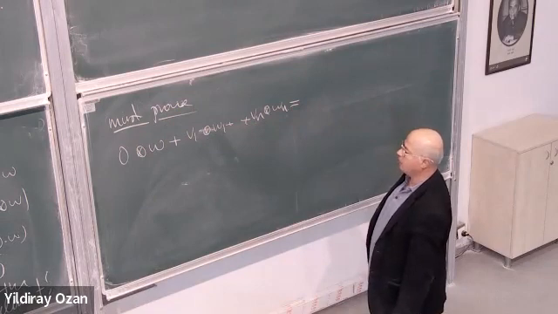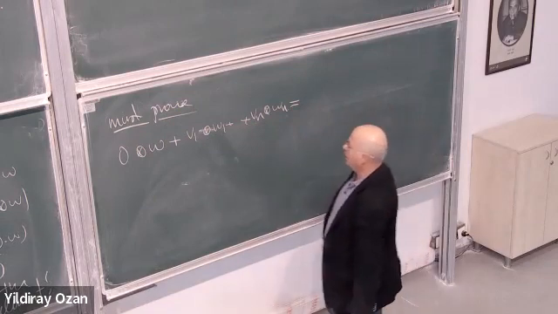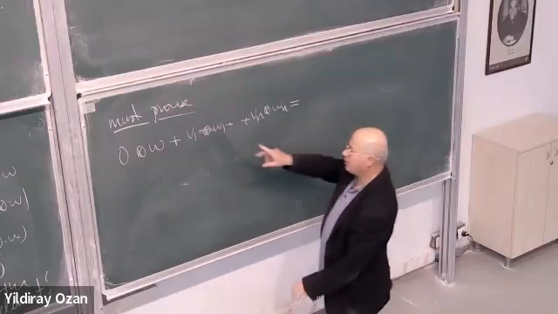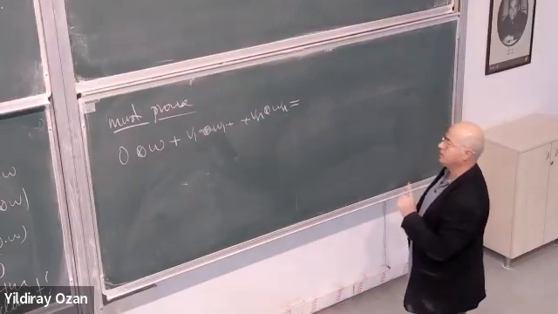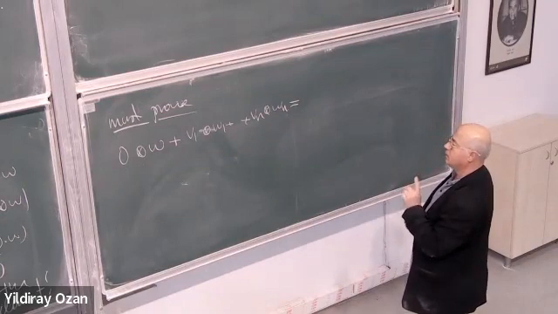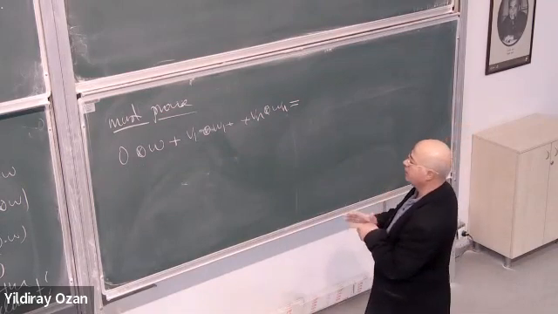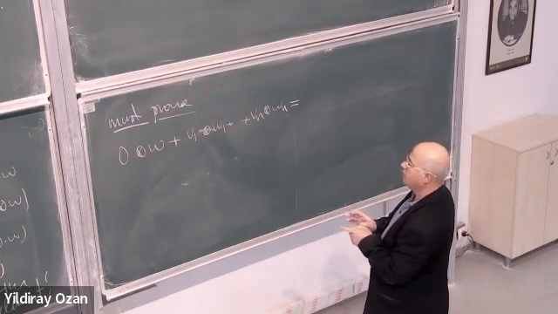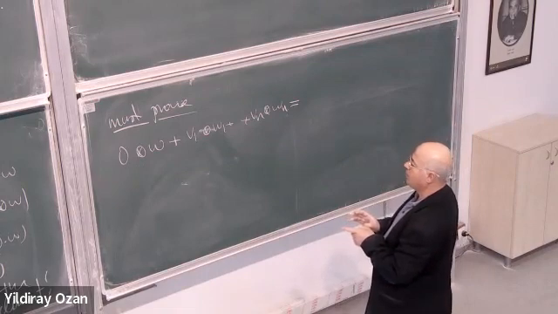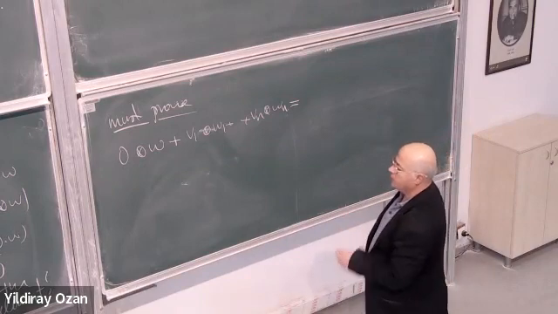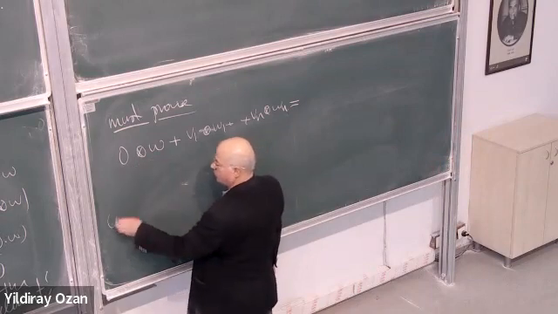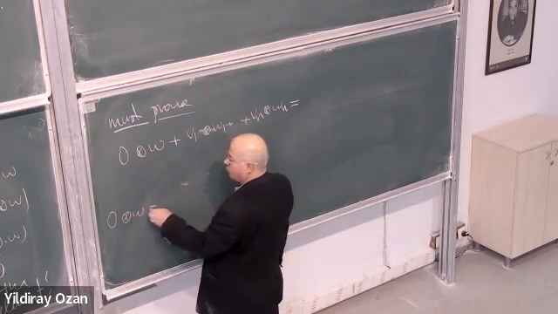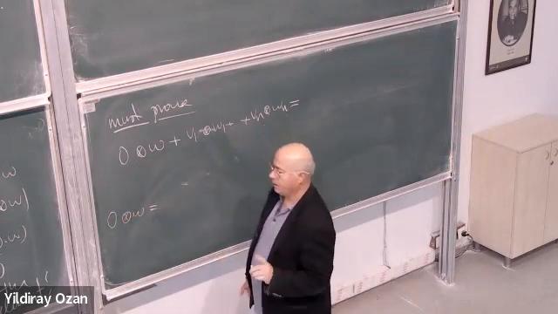I can do the following. Instead of zero, I can write... what can we do there? Ah, actually there is this, look. Not the following. 0 times W, right?